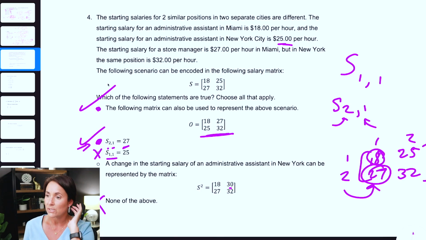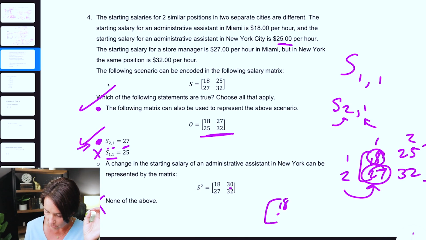But let's see if the matrix is set up correctly here. So I have 18 and 27. Let me draw this out, 18, 27, make it a little bit bigger so we can work with it here. So in this case, we have 18 and 27. That's going to be Miami.